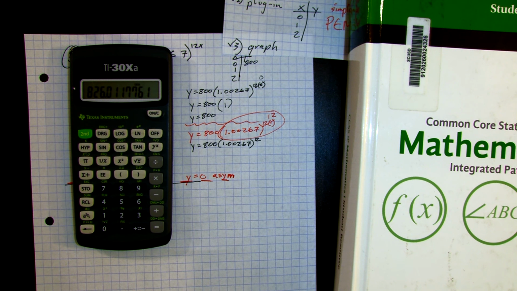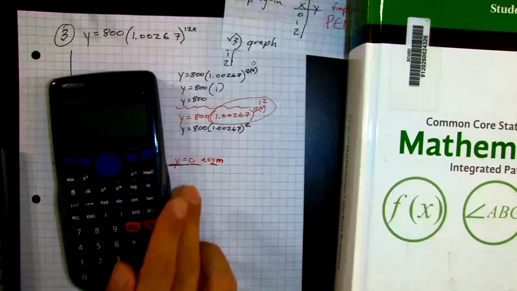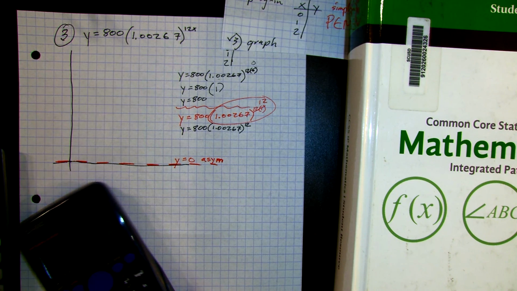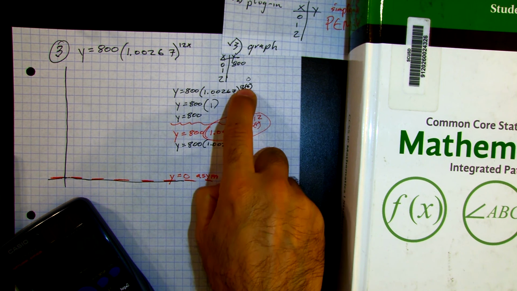Melanie in the chat, tell me what kind of calculator you have. This is where, I'm sorry, this is where it becomes a little slower with calculator work. Casio. Okay. So let me do it with Casio. Just real fast, guys. If you're waiting for us, go ahead and plug in 2. Plug in 2 for x. Instead of 0, instead of 1, plug in 2.